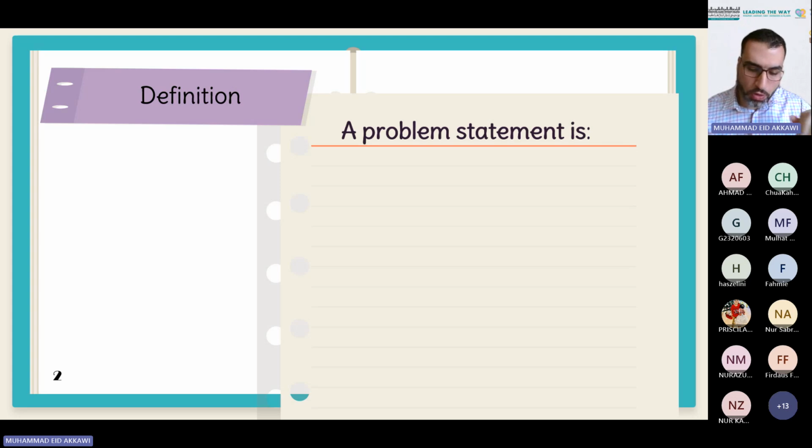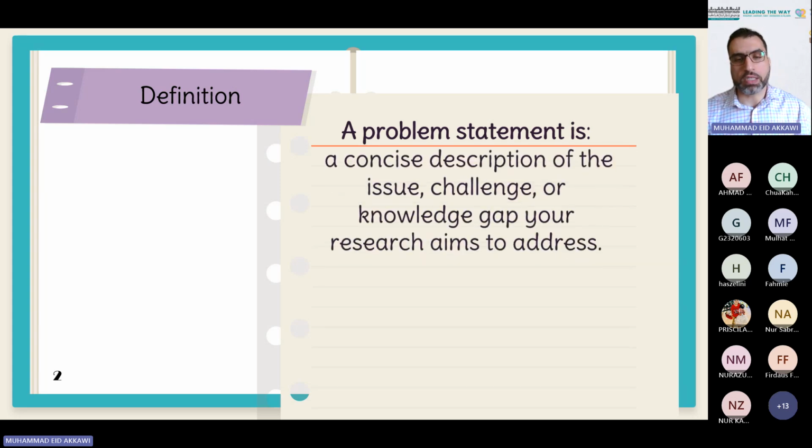If we want an academic definition for the problem statement, we can say it's a concise description of either the issue, whether you have problems you need to solve, or the challenge related to any type of research, or the knowledge gap that your research aims to address.